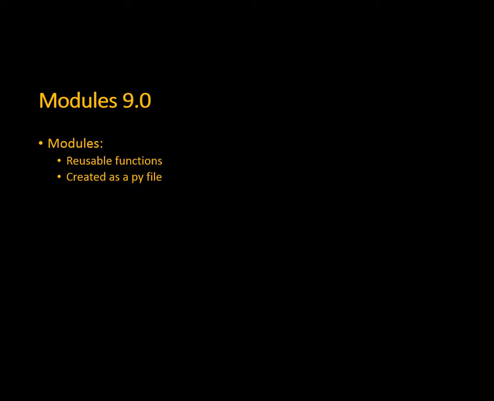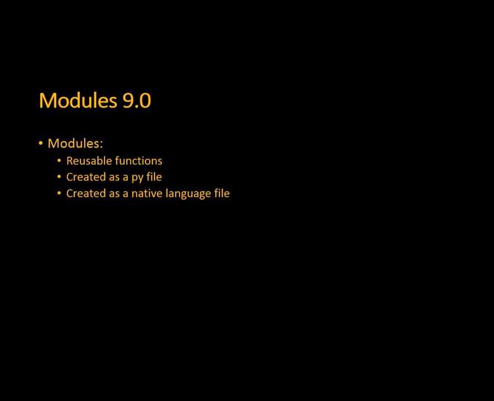There are a couple of different ways that we can create these reusable modules. One is to create them as a Python file, a .py, just like we've been doing all along. That works very efficiently. However, there is a little cost in timing when you start to reuse that module over and over again.